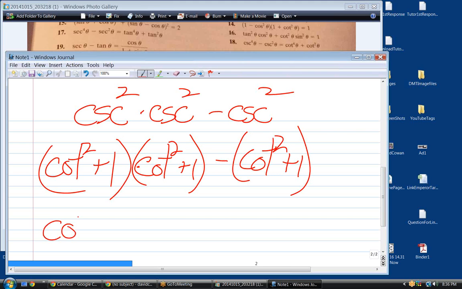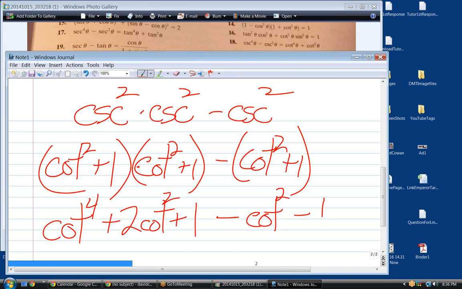Multiply this all out, I get cotangent to the fourth plus 2 cotangent squared plus 1 minus cotangent squared minus 1. Ones go away. I end up with cotangent to the fourth plus cotangent squared, which is the right side of that thing.